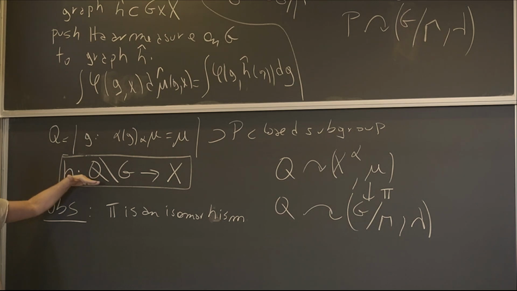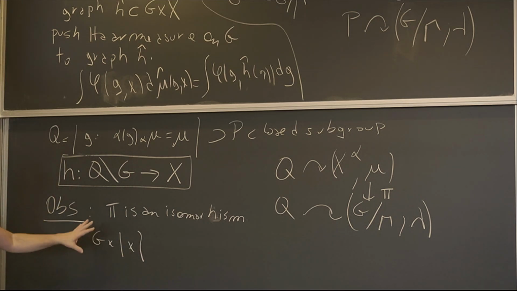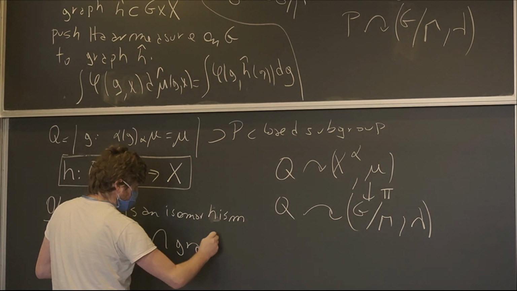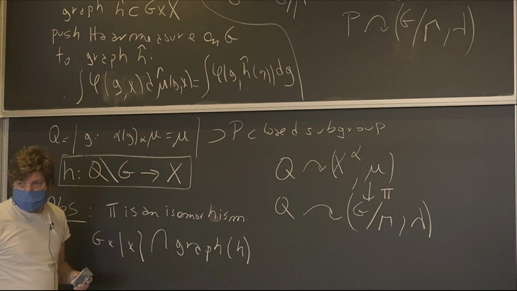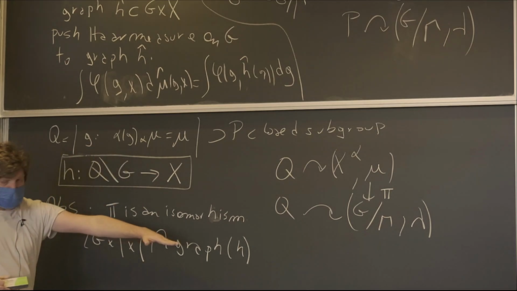And injectivity of this has to do with the intersection of the level sets, the horizontal level sets, which are G times X, which will be called differently in a second, and the vertical, and the graph of H. Okay, so that's what was discussed, and these sets are Q saturated.